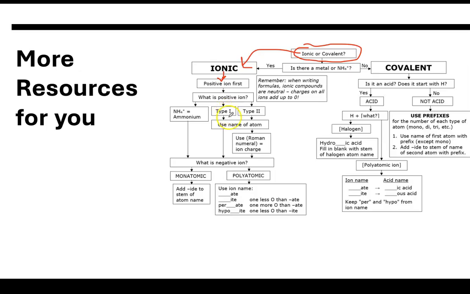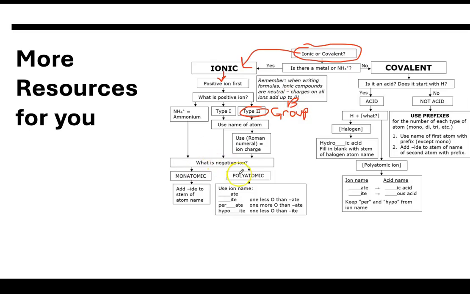And the type 1 is the regular type. The type 2 are the transition metals. So these are our group B metals, and it's reminding you to use that Roman numeral to tell the charge. So these are our B groups, the transition metals.